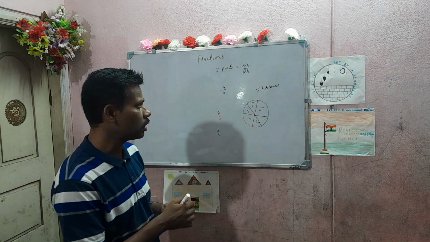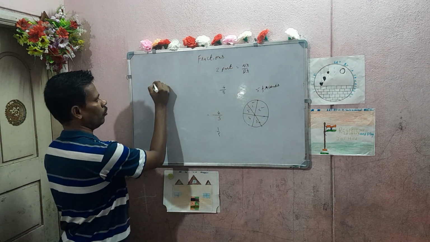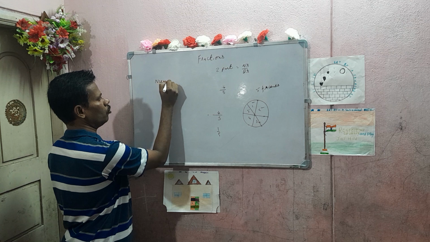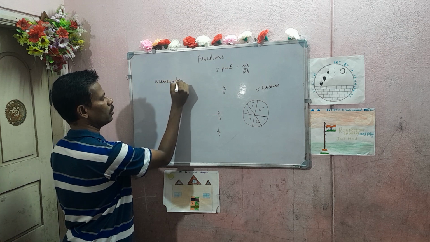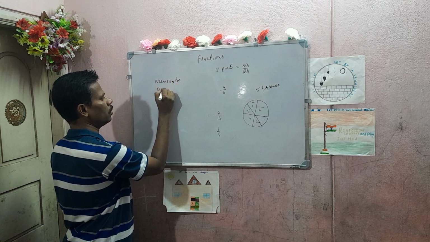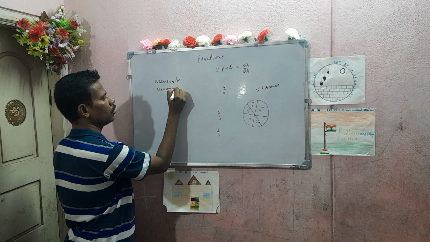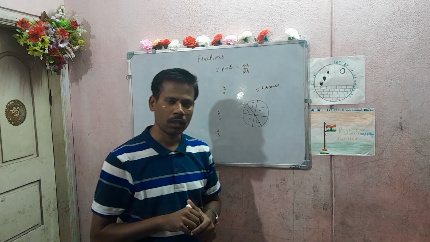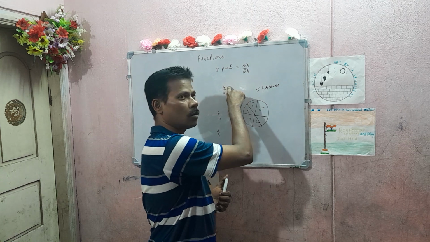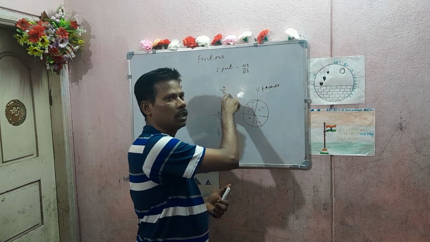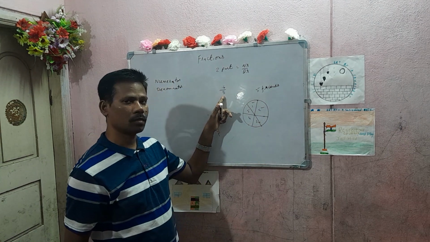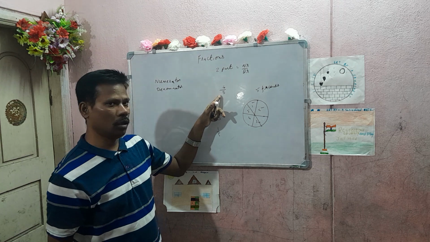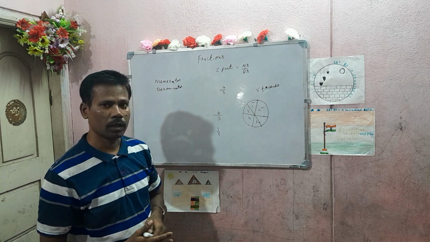First, let us consider numerator and denominator. Numerator means the figure which is at the topmost, and the bottom, the lower number, is called the denominator.